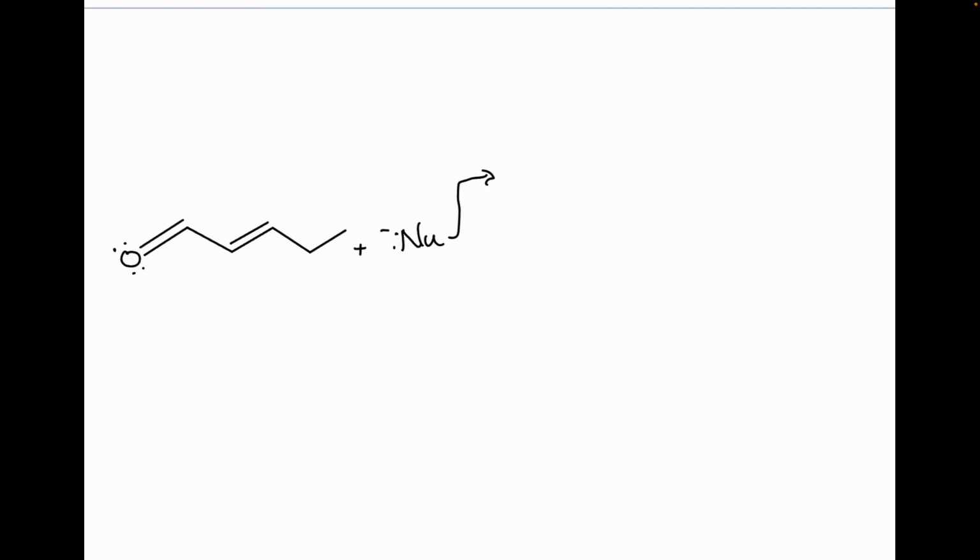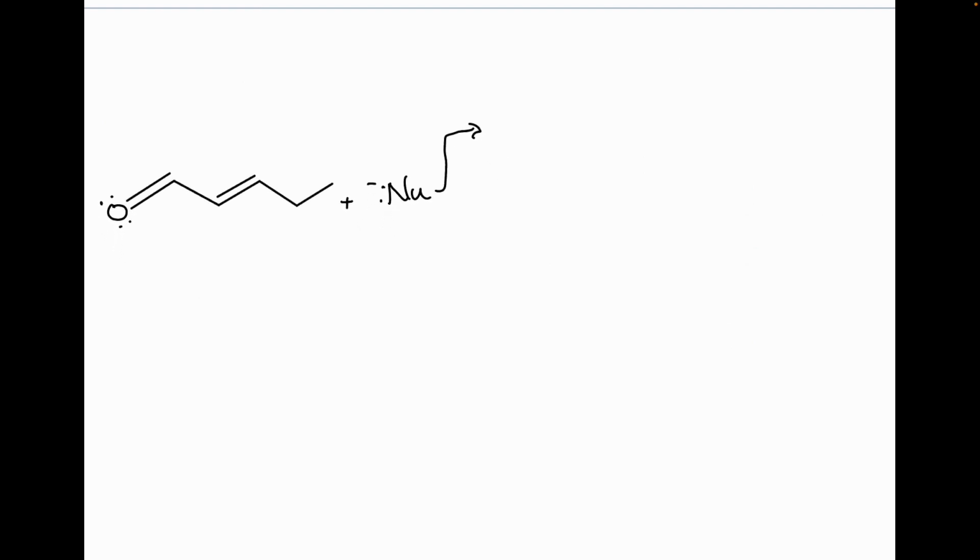This will create an alcohol group from that existing carbonyl oxygen, as well as our nucleophile added on. These are nucleophilic addition reactions added on to that carbonyl carbon. So this would be the reaction at the carbonyl electrophile.